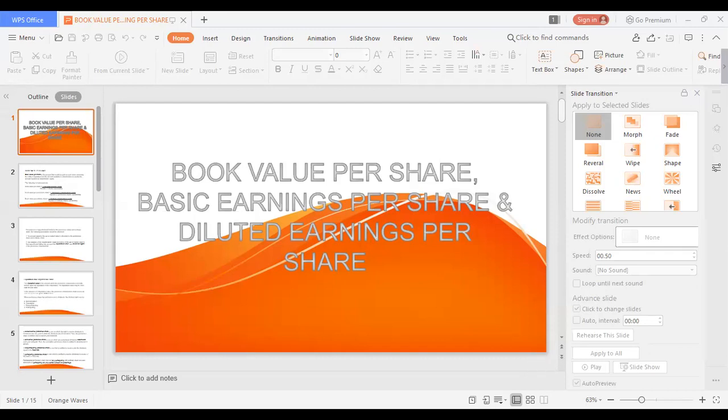Now let's take up book value per share, basic earnings per share, and diluted earnings per share. Actually, we have only one set of PowerPoint presentation.